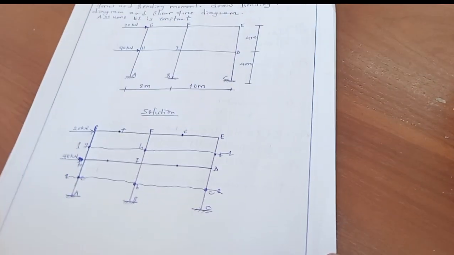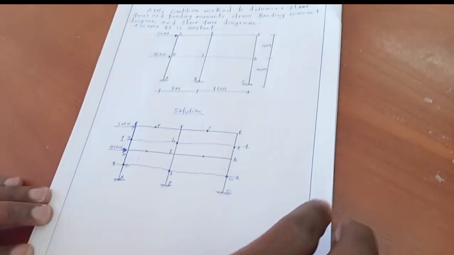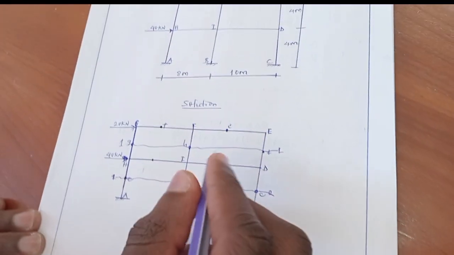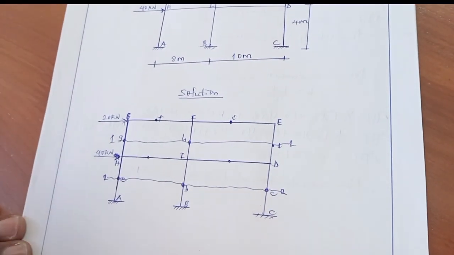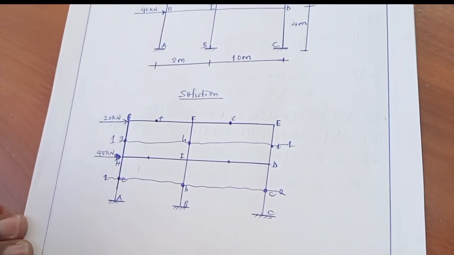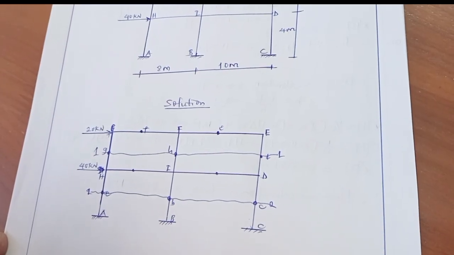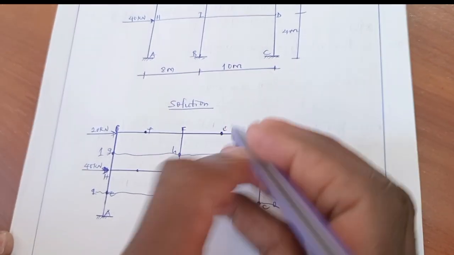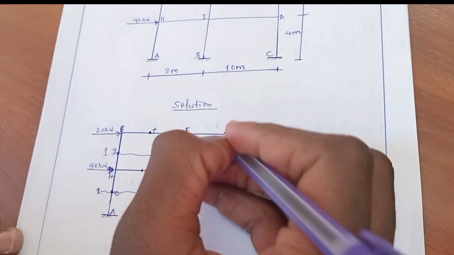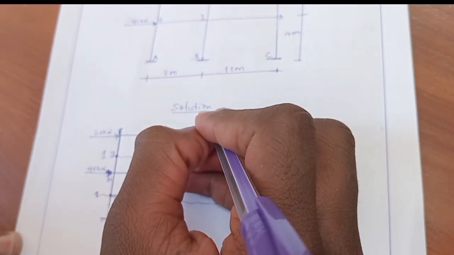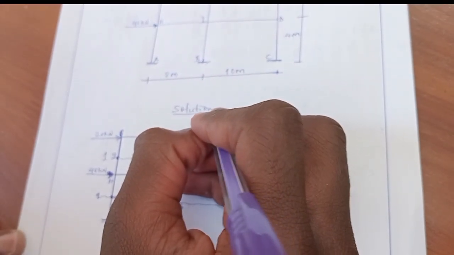After that, by using Cantilever method, the next step is to locate the centroid of the column area. Let's say the centroid of the column area is at this region.